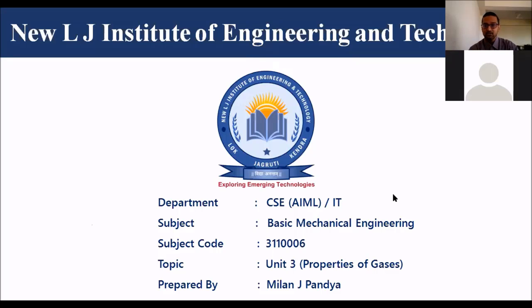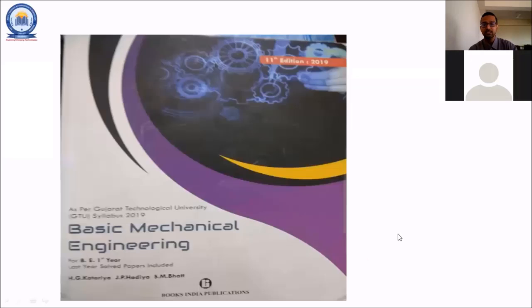Dear friends, I was getting many queries from your side related to the textbook or the reference book for the BME. So before starting today's session, this is the front page of the reference book for basic mechanical engineering. Remember friends, whenever you are purchasing, you need to see the title of the book.